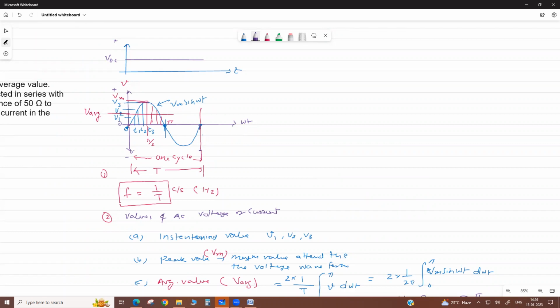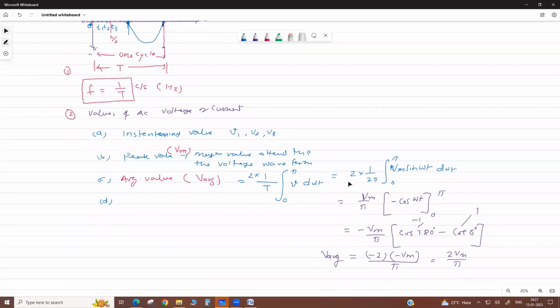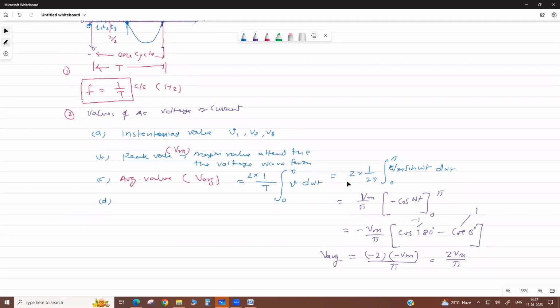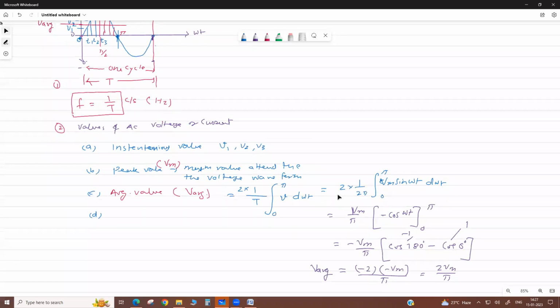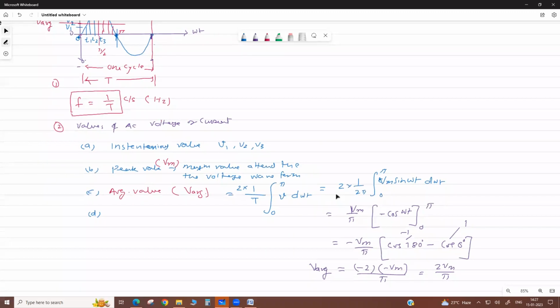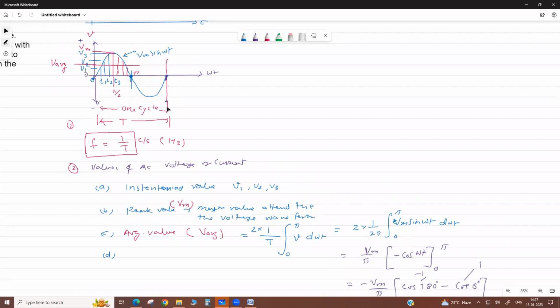But sir, we take only half wave and double it, so the half wave time period will be T/2, which is pi. Yes, half cycle is T/2. But here, because we are calculating for one complete cycle, that's why it is T means 2 pi.